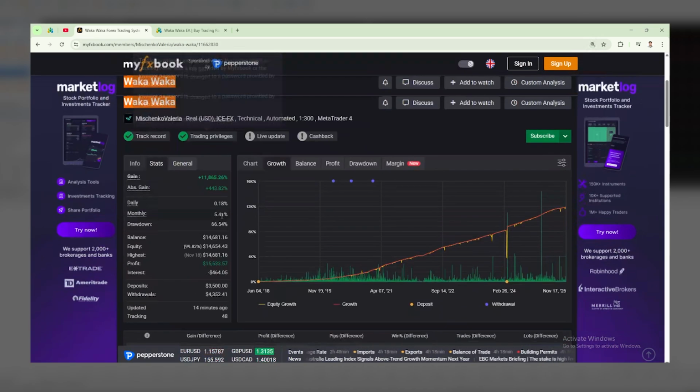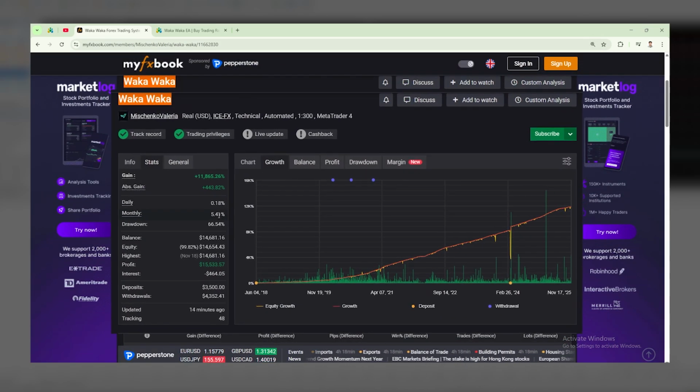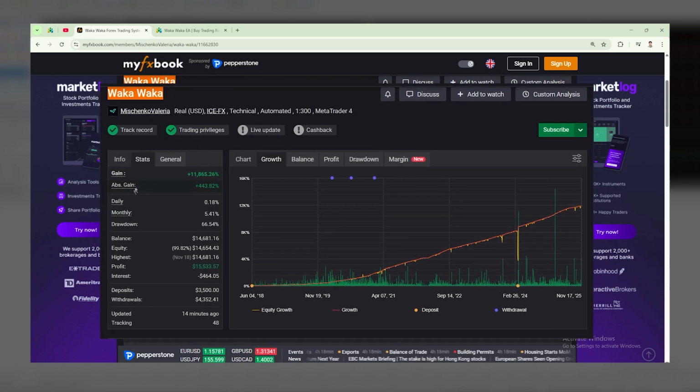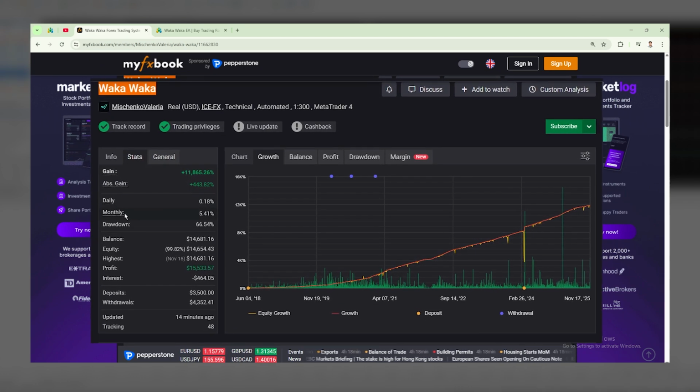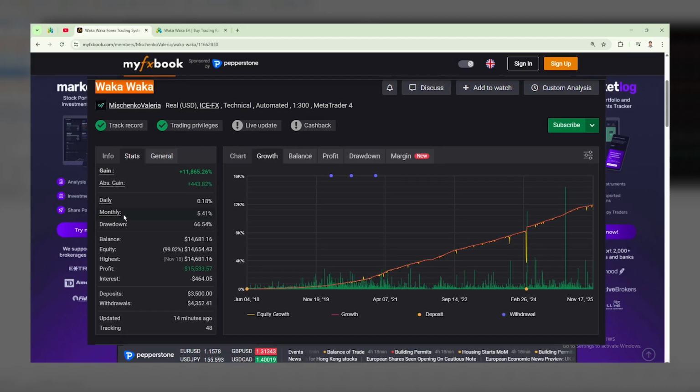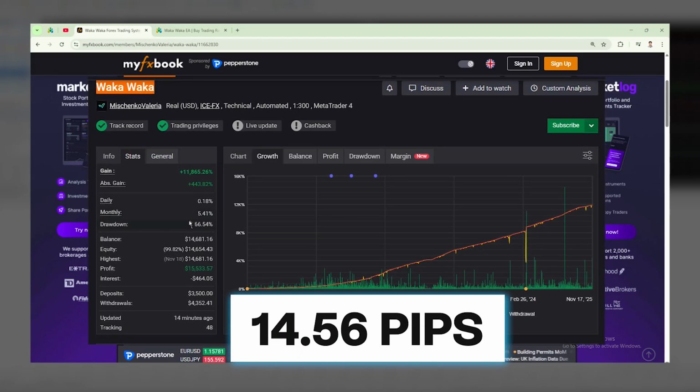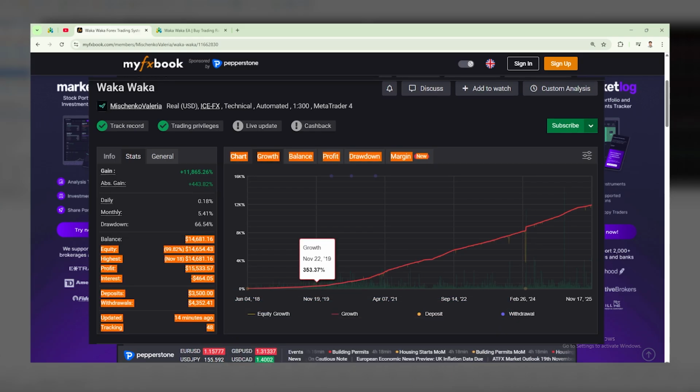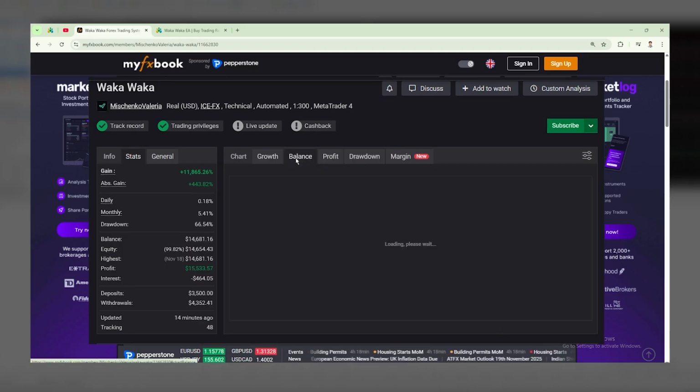General stats scream reliability. 5,018 total trades with longs dominating at 73% profitability. Shorts at 74% too. Balanced beast. Average win 14.56 pips, $9.70, outpacing average loss of negative 32.10 pips, $16.80 by a mile.